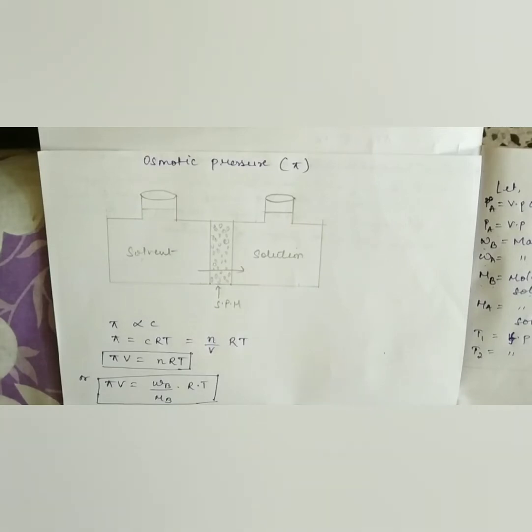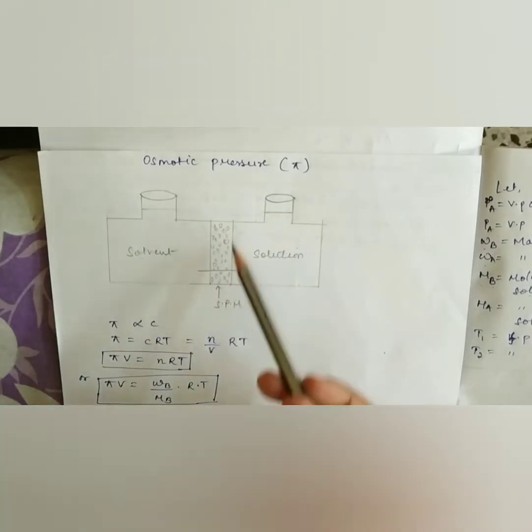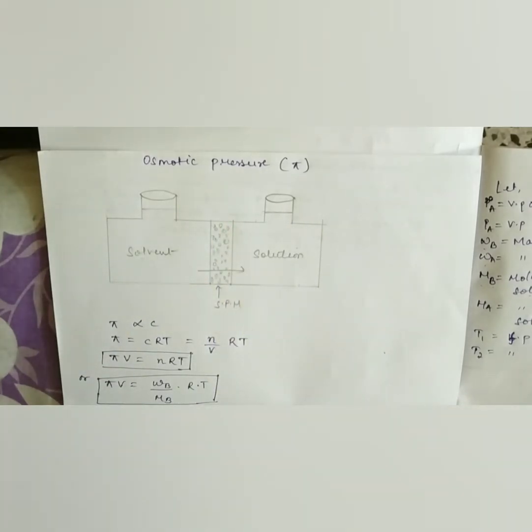So you can see that this SPM is a selective membrane which selectively allows the solvent molecules to pass through it, even if the size of the solvent molecules is greater than that of the solute molecules. Then also the SPM will not allow the solute molecules to pass through; only the solvent molecules pass through.